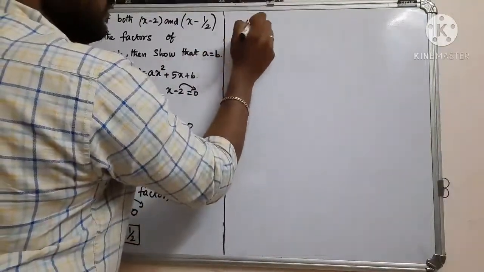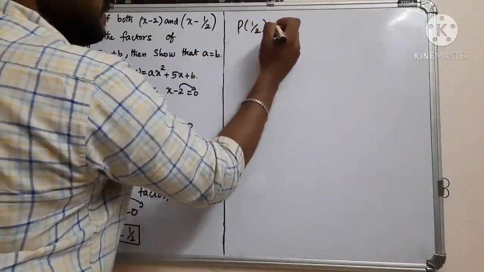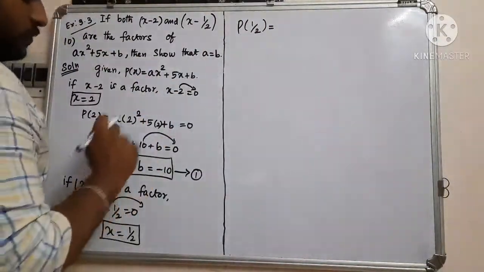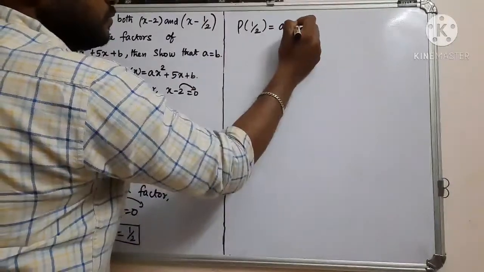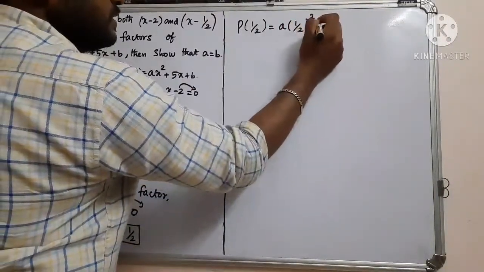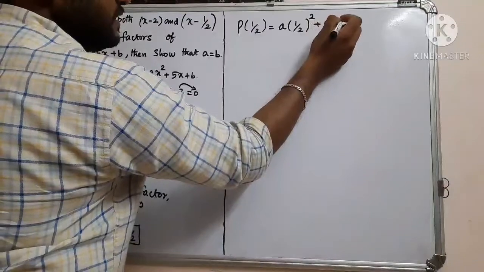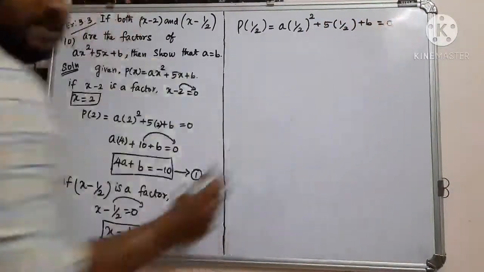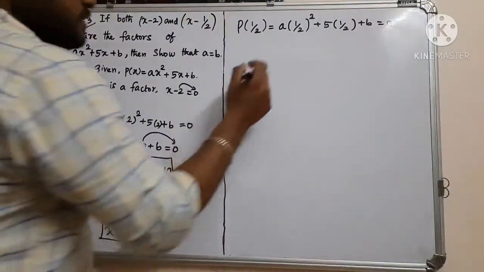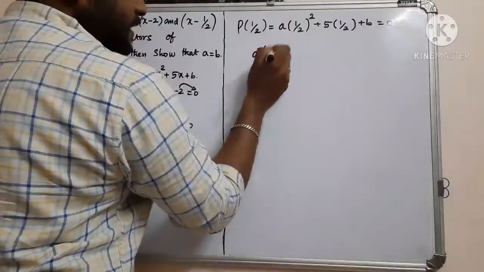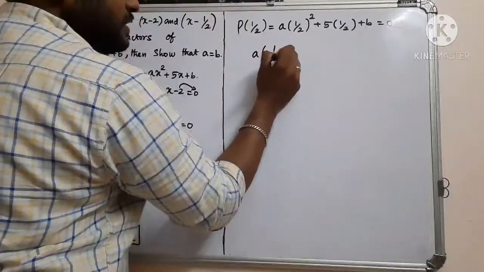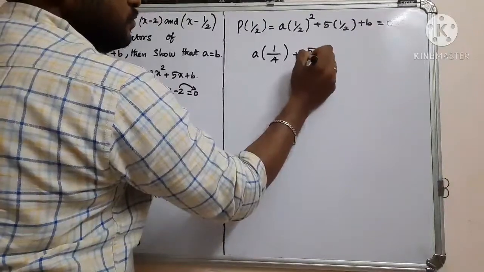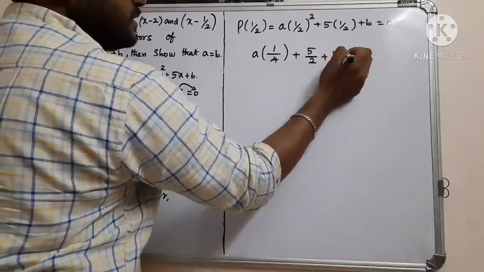So p of 1 by 2, if it is a factor, is equal to 0. So a into 1 by 2 the whole square plus 5 into 1 by 2 plus b is equal to 0 because the factor must be equal to 0. So a into 1 square is 1, 2 square is 4, 1 by 4 plus 5 into 1, 5 by 2 plus b is equal to 0.